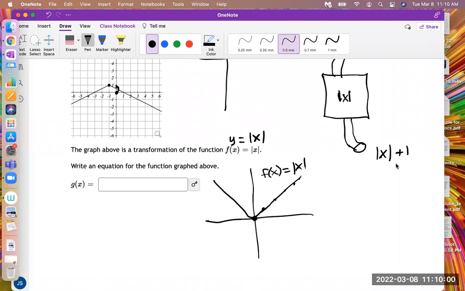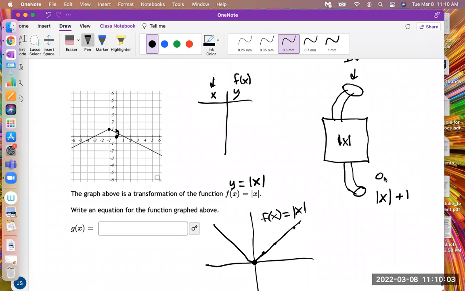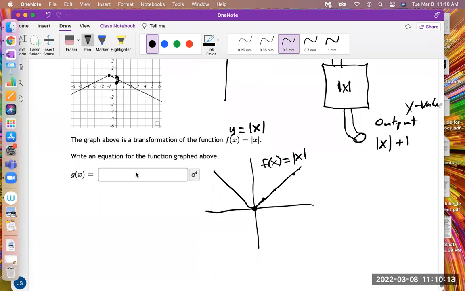So the adding of the 1 comes in the output, the y value or function value. So I know the final equation is going to have a +1 on it. It's going to be like f of x equals something +1, because that's why it's shifted up.